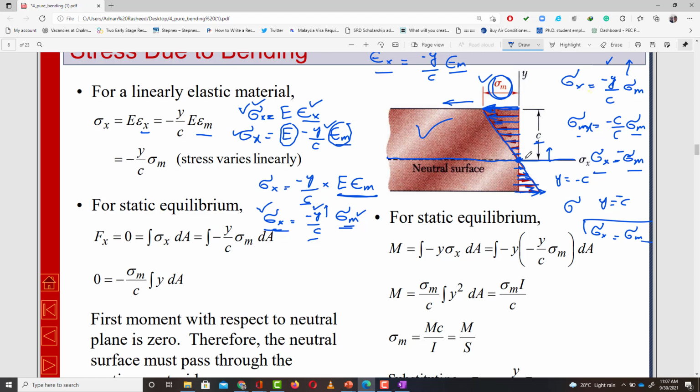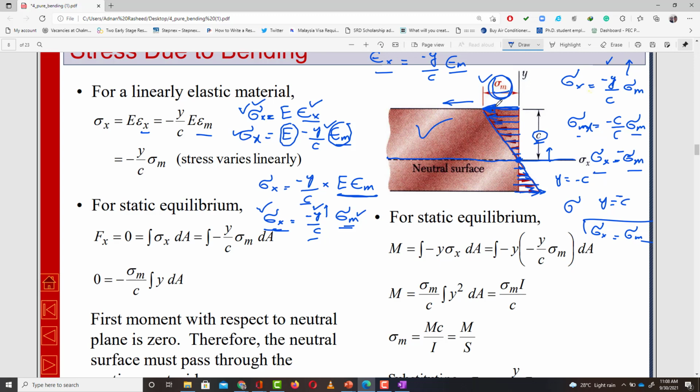Clear? So if y is increasing, stress will increase. Above the neutral surface, if y is increasing, c is the maximum distance from the neutral axis to the outer surface. So stress will be the maximum, and that is sigma m.